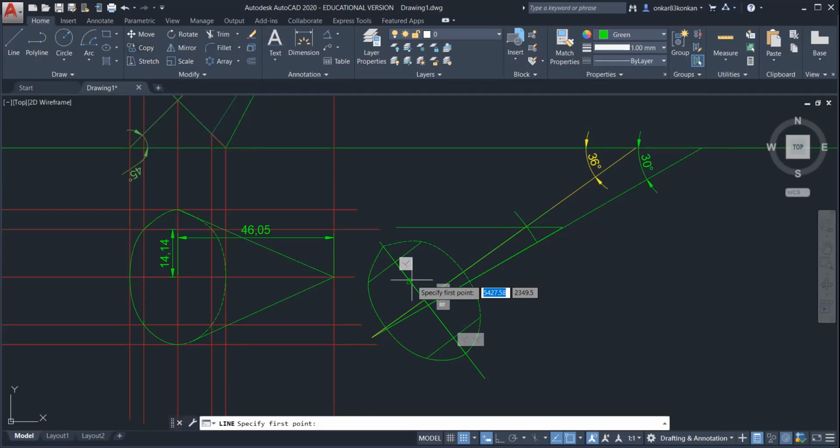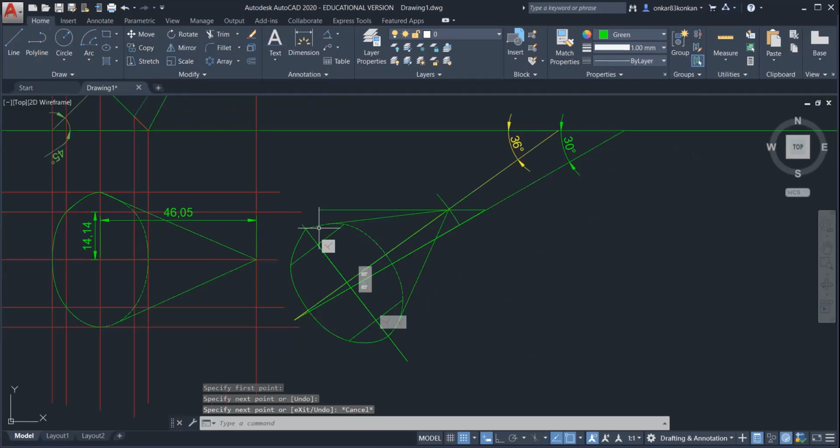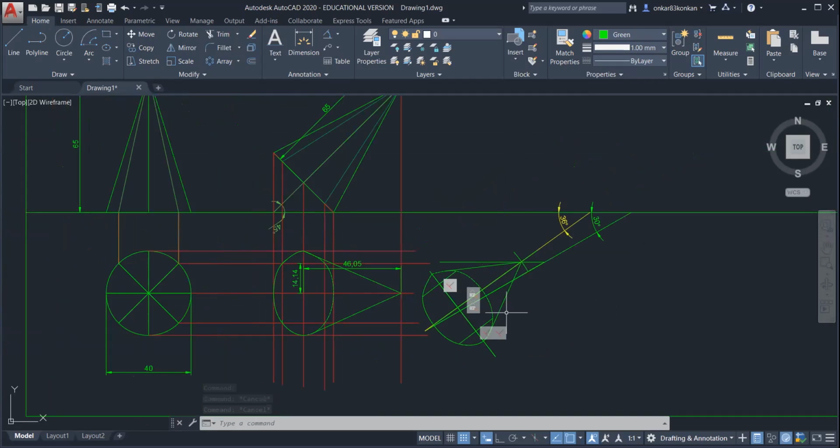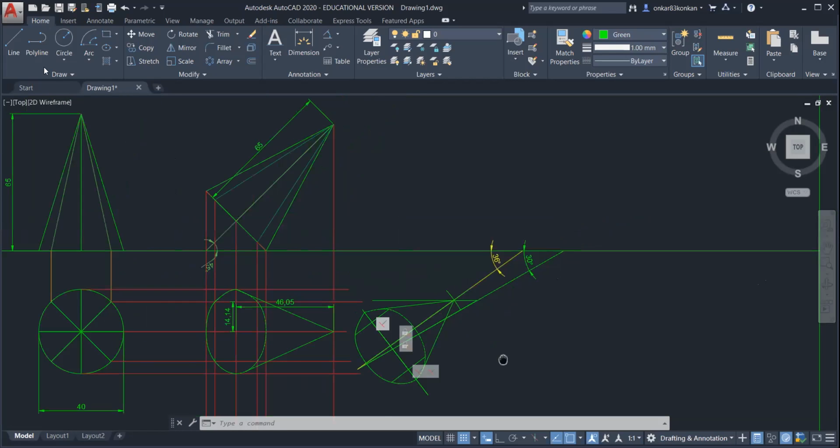Once you complete this curve, that is, the visible curve and hidden curve, then from the second point of the axis, draw the tangent line. In this way, you can complete the third stage top view and then take the projection for the final stage front view.